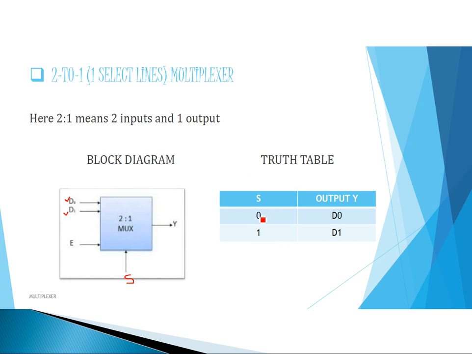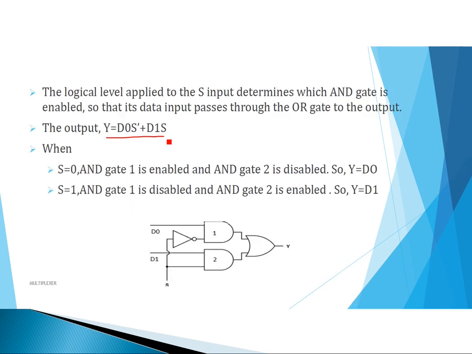Whenever S is 0, the D0 input will be selected. So S is 0, and how do you represent the 0? Just by taking the complement of that variable. So S bar D0, that is the first term.